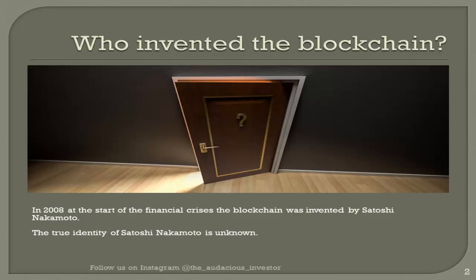It's not the person's real name, and whoever Satoshi Nakamoto is, whether it's a he, she, they, whoever Satoshi Nakamoto is, all we know is that he, she, or they have no interest in being famous because they've been out of the scene for a very long time now, ever since inventing Bitcoin and blockchain. They are not in the limelight.